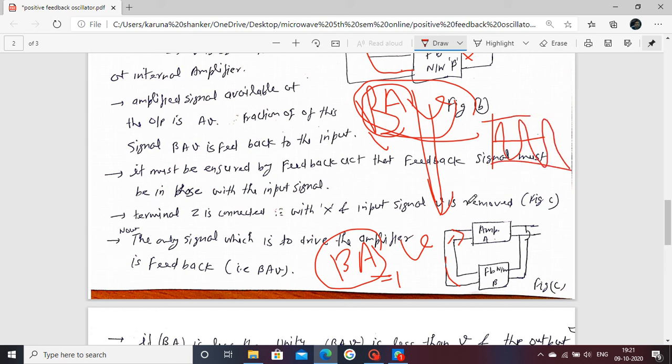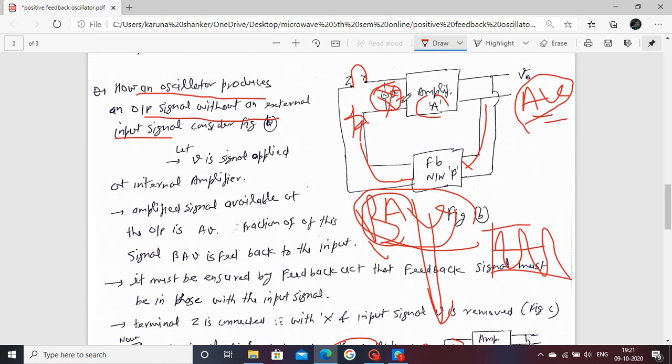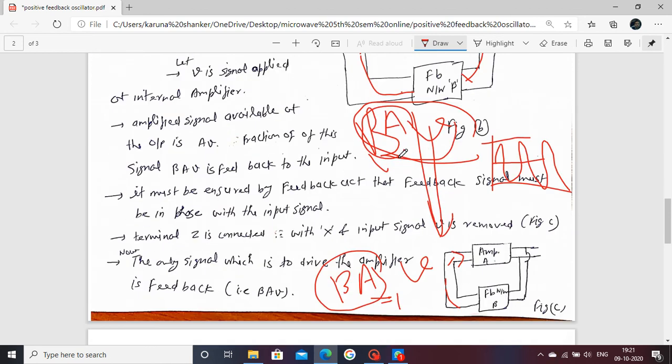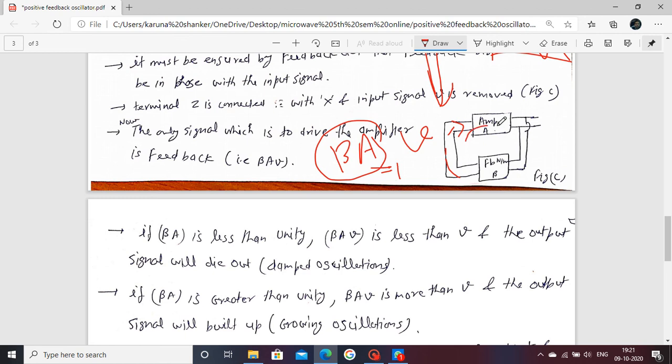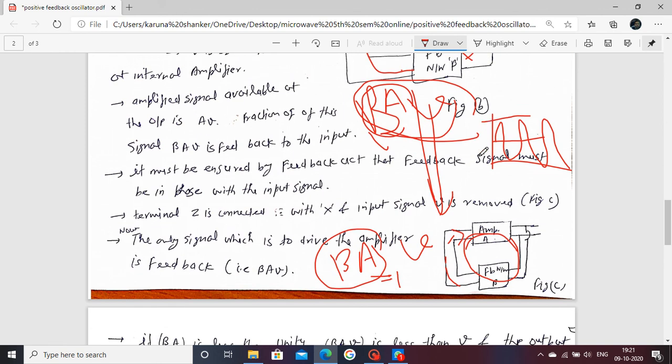We apply a signal only at the initial stage, then remove it, and the closed path is amplified again and again through the feedback network. This process continues, and the oscillator produces a signal at a particular frequency.